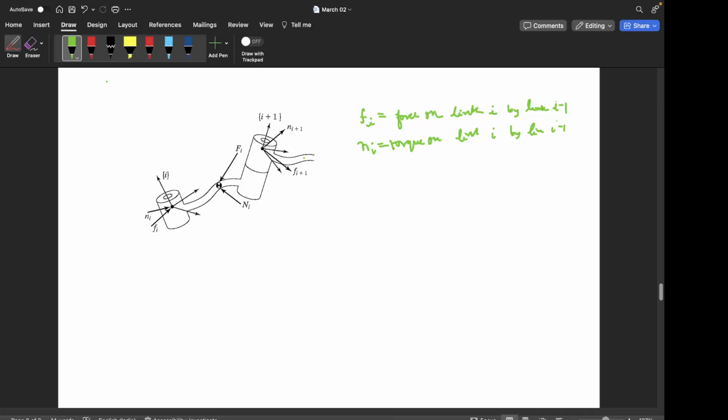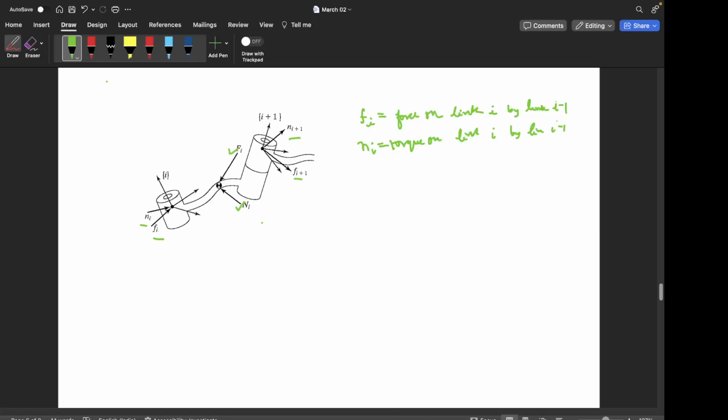Okay, so you see Fi and Ni here, which we now know, since we have done the outward iteration, we know these quantities. Our goal now is to calculate these quantities Fi, small ni, and subsequent ones for each link.